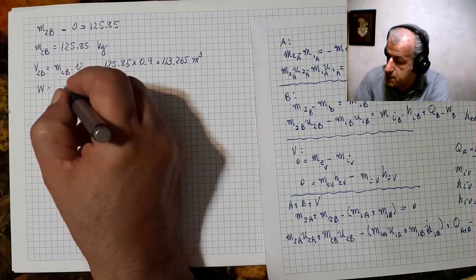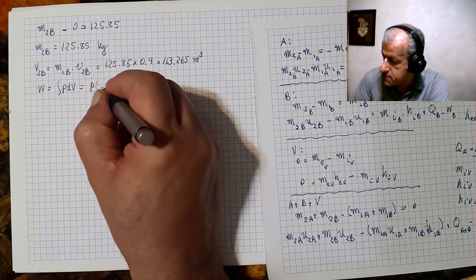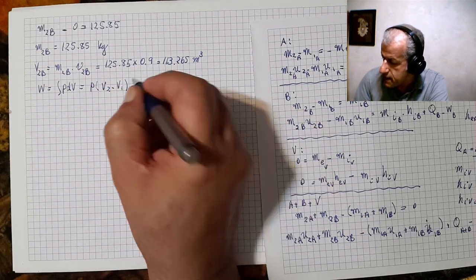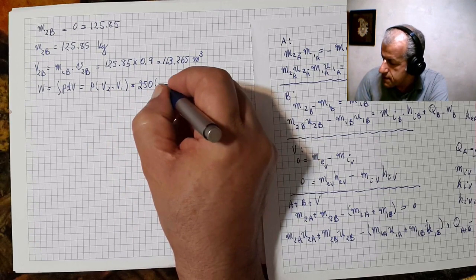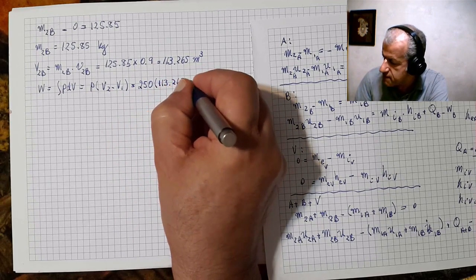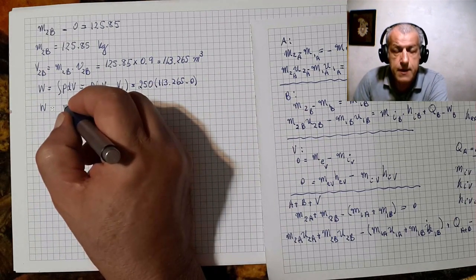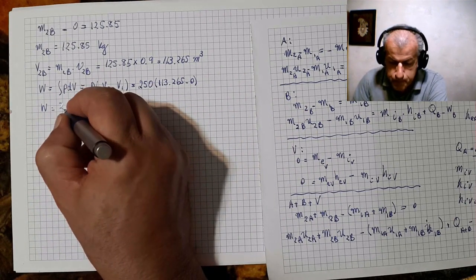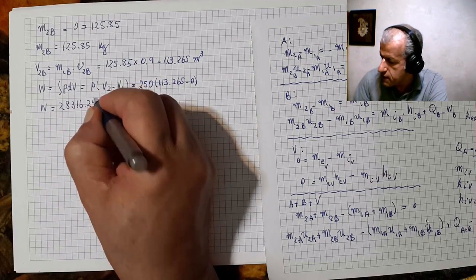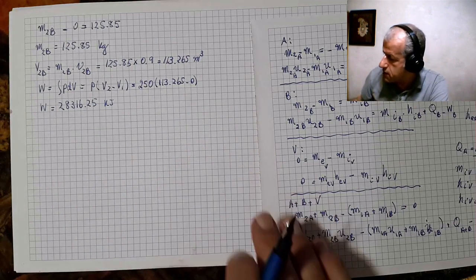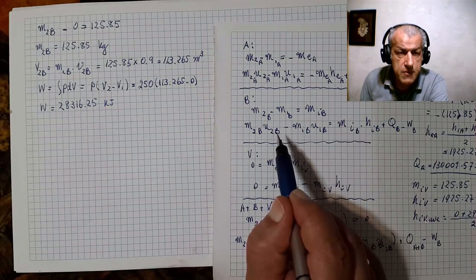W equals integral P dV, which would equal P times V2 minus V1, and that would be 250 times 113.265 minus 0, and work by the piston would be 28,316.25 kilojoules.